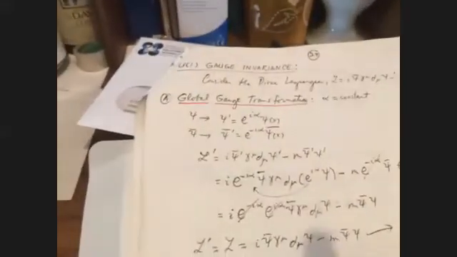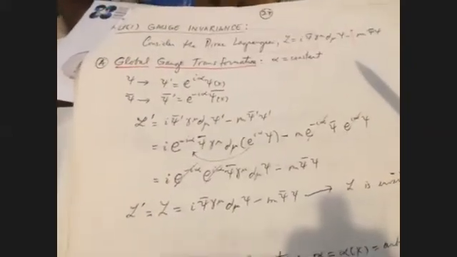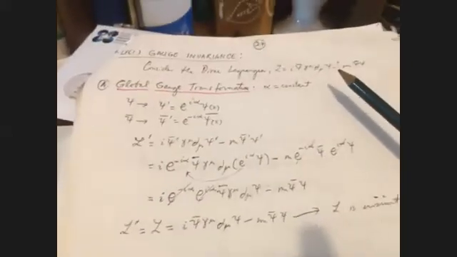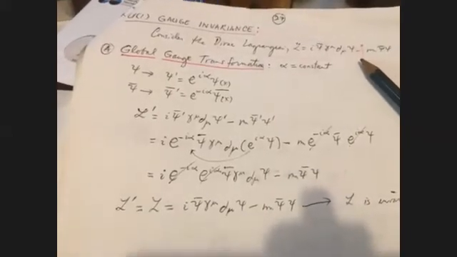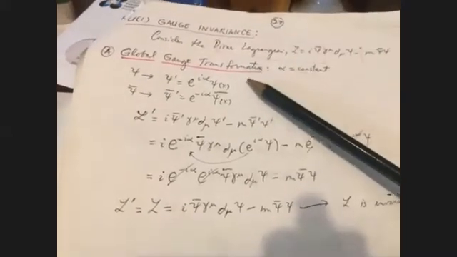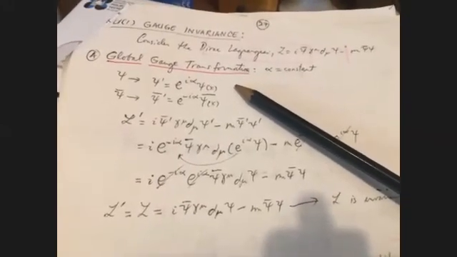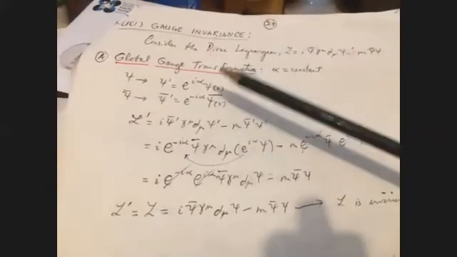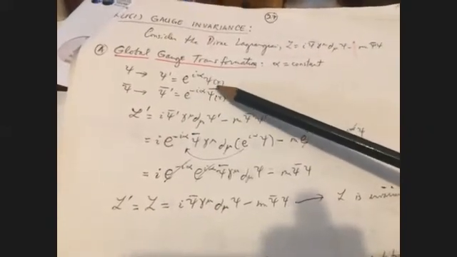Okay, let's talk about U(1) gauge invariance. Let's go back to our Dirac Lagrangian given by this. And then we apply a global gauge transformation. Global means that the alpha that you place in the e to the i alpha is constant.